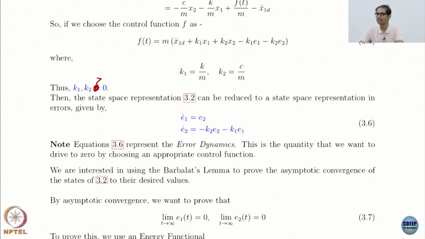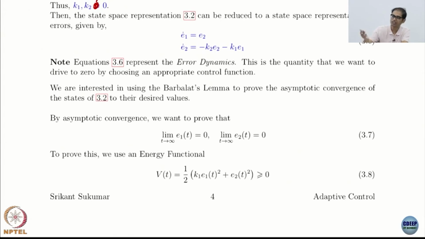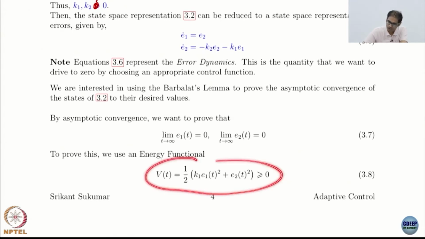But suppose this was not a linear system, but it was a non-linear system, and you end up in this situation, you will need to come up with an energy functional and things, a Lyapunov function and all that. So, let us do it, okay, why not, because more often than not we will come up with a non-linear system. So, what do I take? I take a very standard Lyapunov function. What is this?